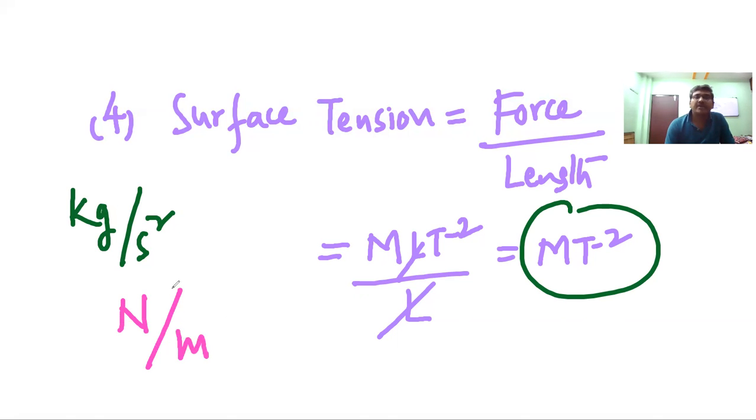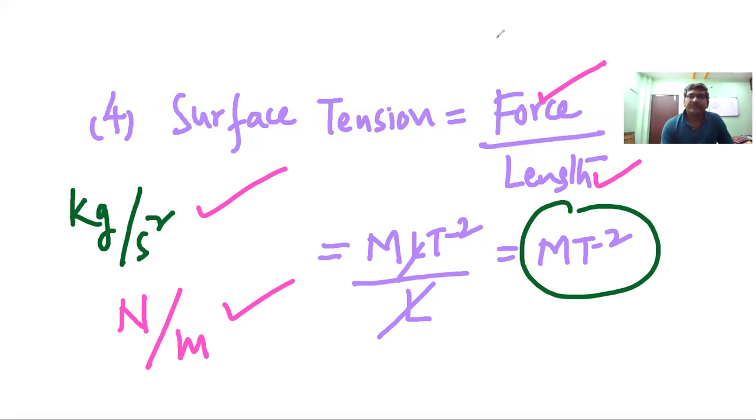Newton per meter is the surface tension, because force is Newton and length is meter. Clear? So all the previous exercise that I had given, I have completed.